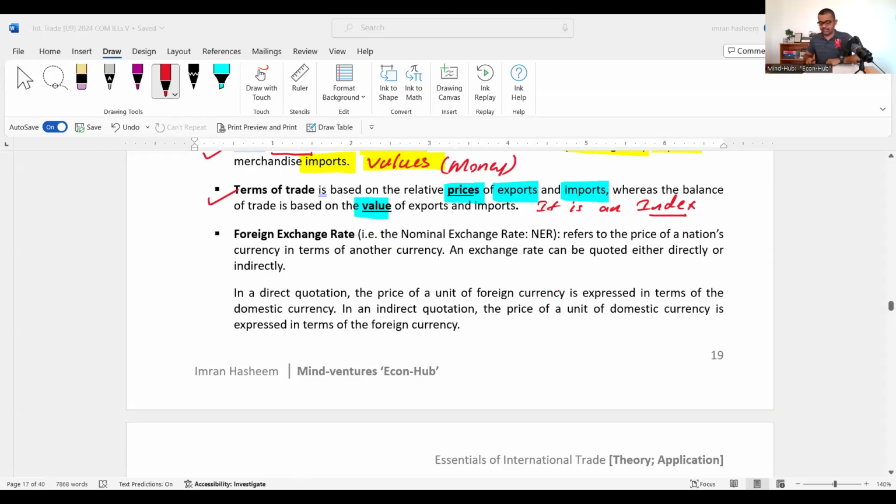Right. Exchange rate, foreign exchange rate. Now, how does the foreign exchange rate come into this discussion, you might wonder.